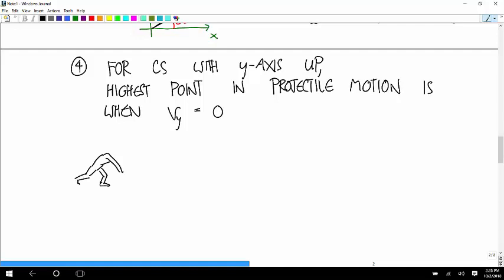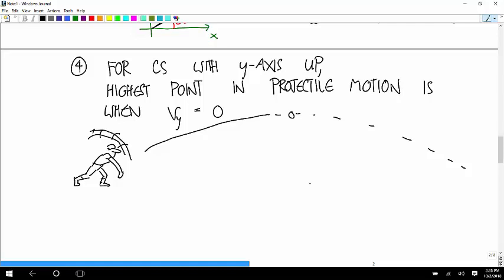It looks like a gorilla, possibly. Okay, so this guy throws this baseball, and it follows a parabolic path. He's wearing clothes. The highest point of the ball's path is here.